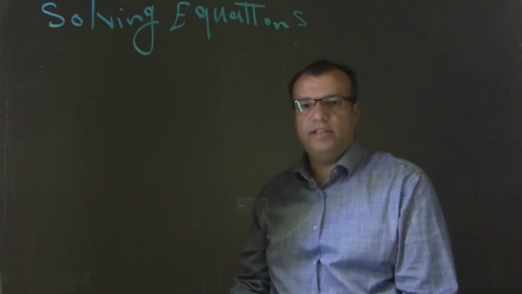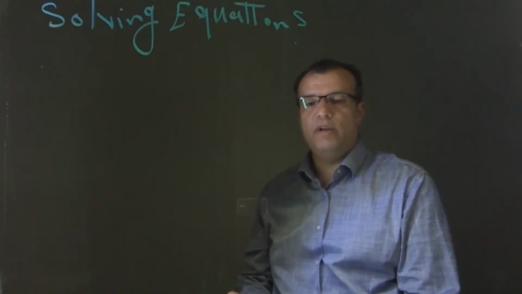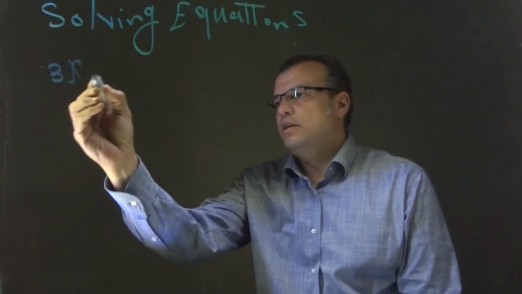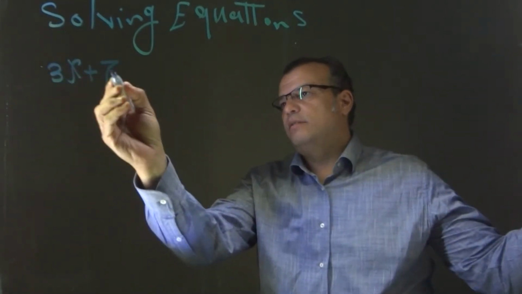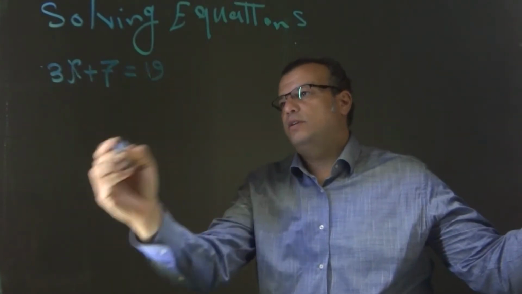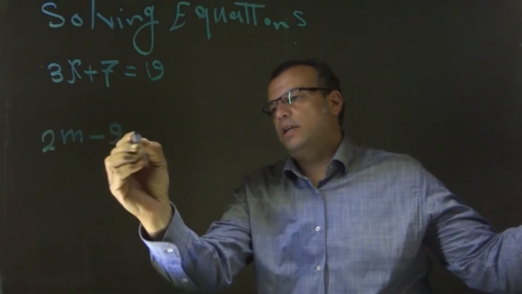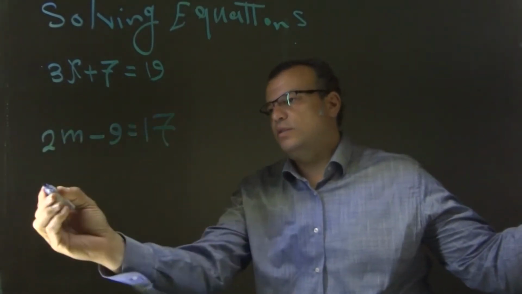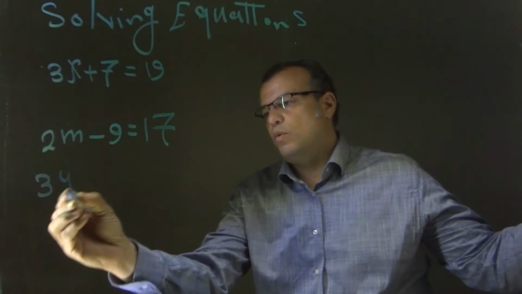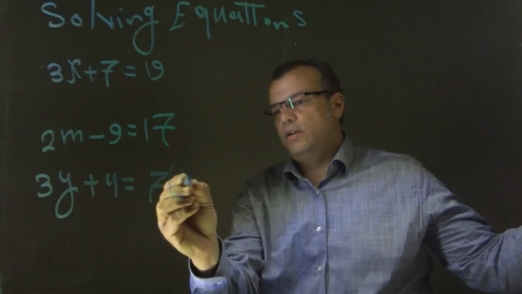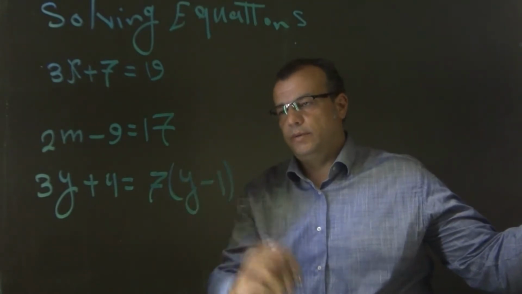Solving equations. In this lesson, we look at equations with one variable, for example 3x + 7 = 19, or 2m - 9 = 17, or 3y + 4 = 7y - 1.